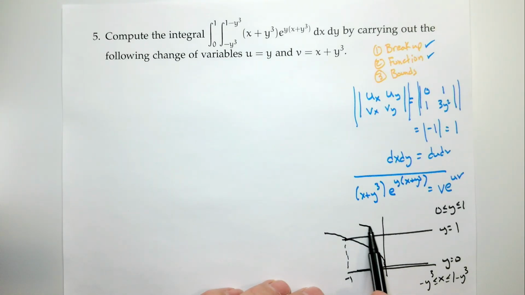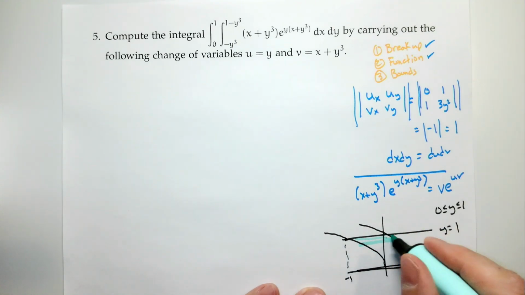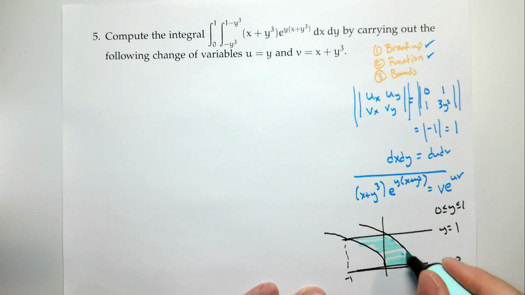So I just have to take the same curve and translate it over. So what we get is a nice little four-sided shape again. Well, that's kind of cute. All right, so there's our region here. Now that's our region as it's currently described.